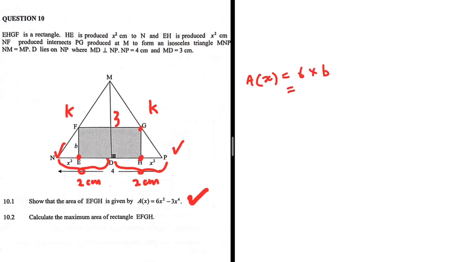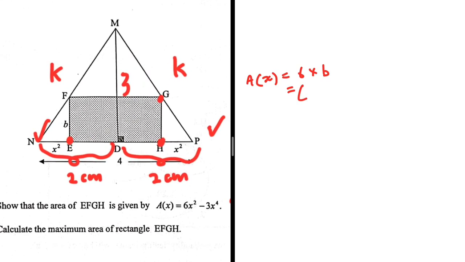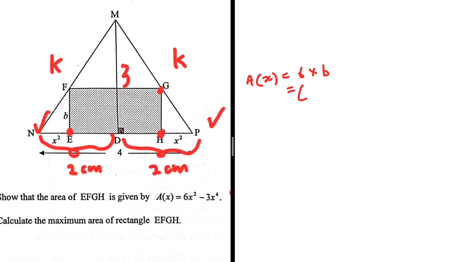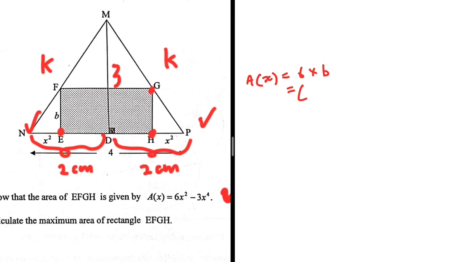The length will be our base, which is E to H. E to H will be equal to 4, the total length from N to P, minus x squared, N to E, and then minus x squared once more. So E to H will be 4 minus 2x squared.